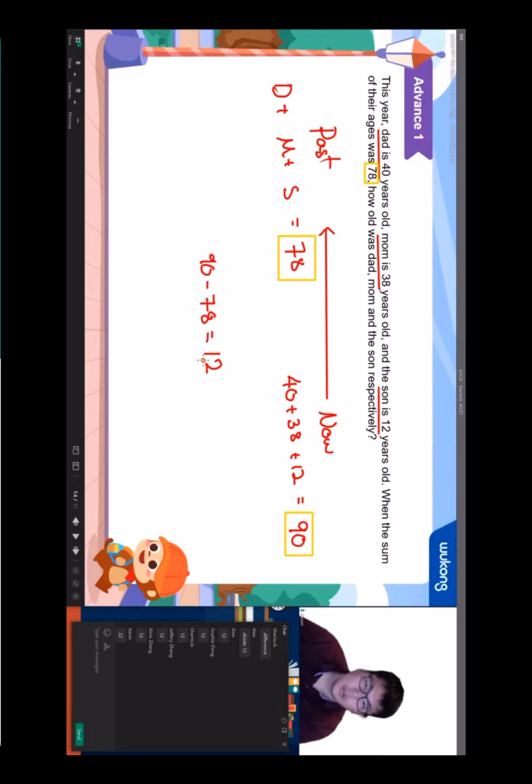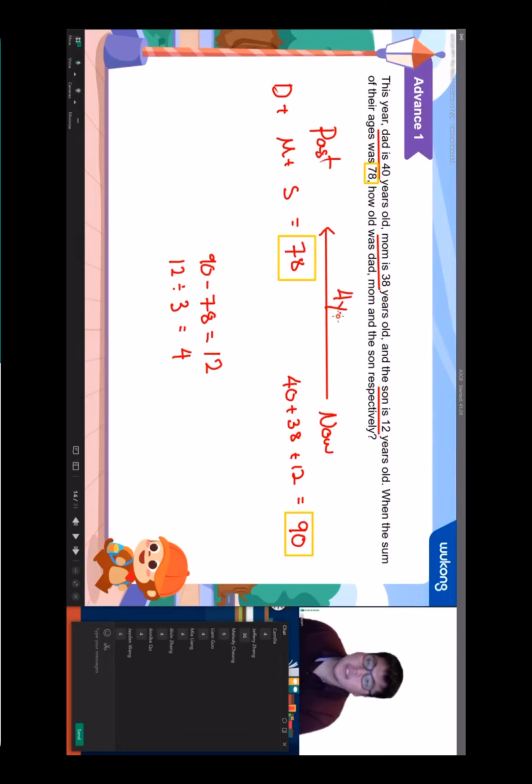And now we need to do 12 divided by something, but that depends on how many people we have. How many people do we have, everybody? Yes, we need to divide it by 3. Excellent. What do we get if we divide it by 3? 12 divided by 3 is 4. Good. So it was 4 years ago.